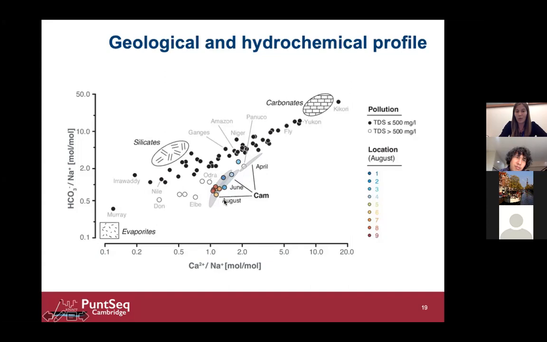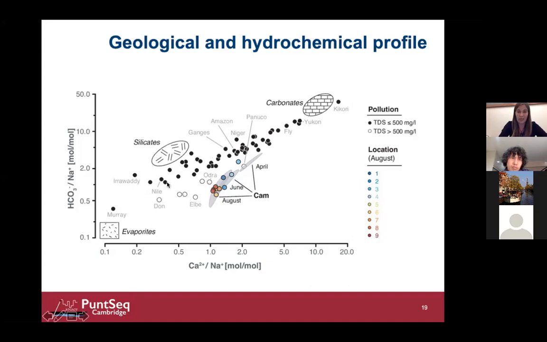And we have now superimposed them on existing data on the 60 largest rivers in the world. What you have to know here is that what is plotted are sodium-corrected molar concentrations that are representative of how polluted a river is.